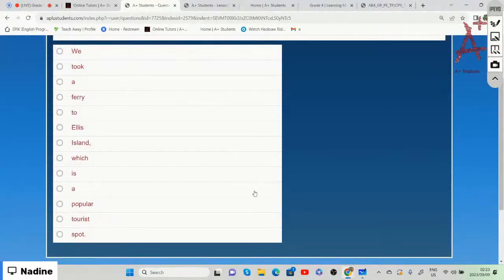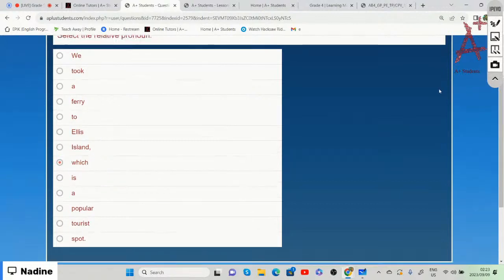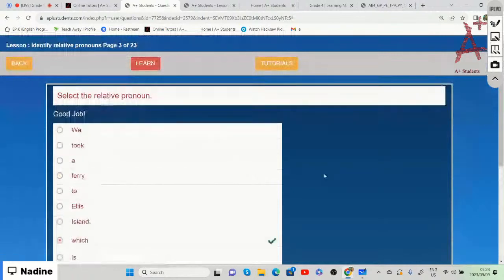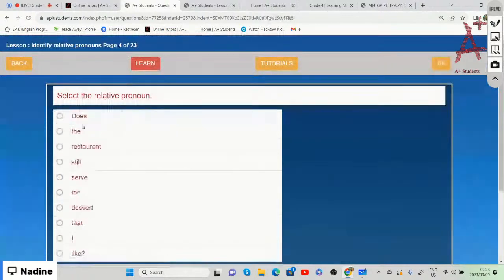So we need to select the relative pronoun, and then we choose which is a popular tourist spot. So which is correct.